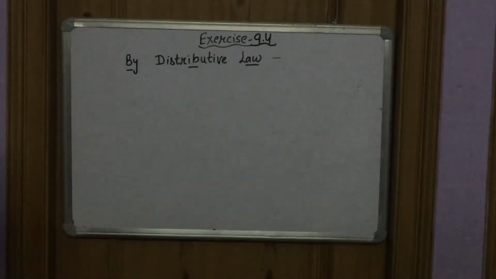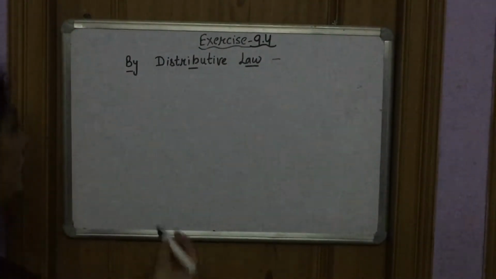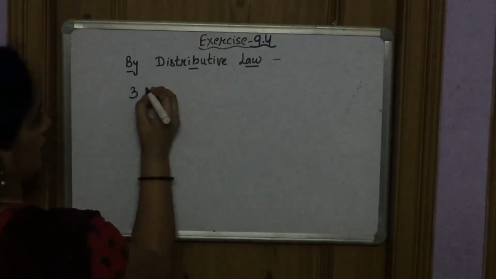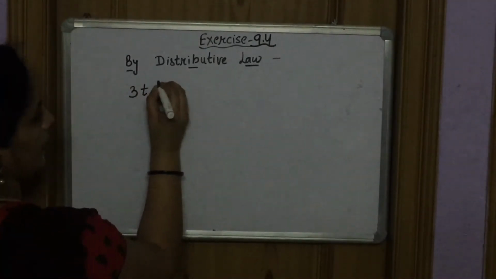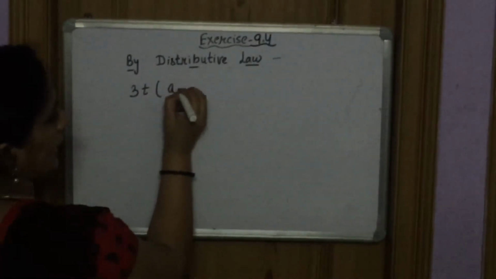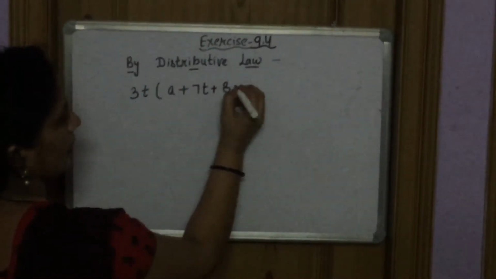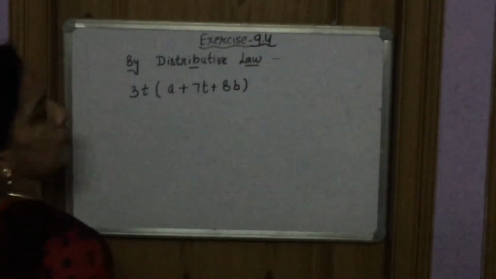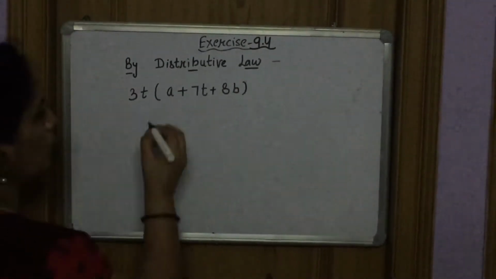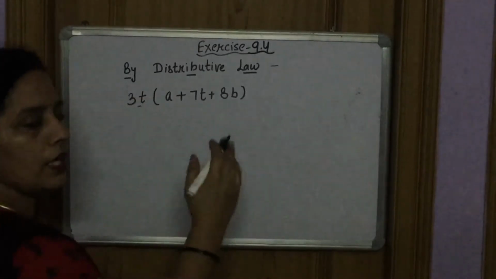Next, now we will multiply a monomial by a trinomial. 3t with a plus 7t plus 8b. First of all, what will we do? Distribute the monomial over the trinomial.